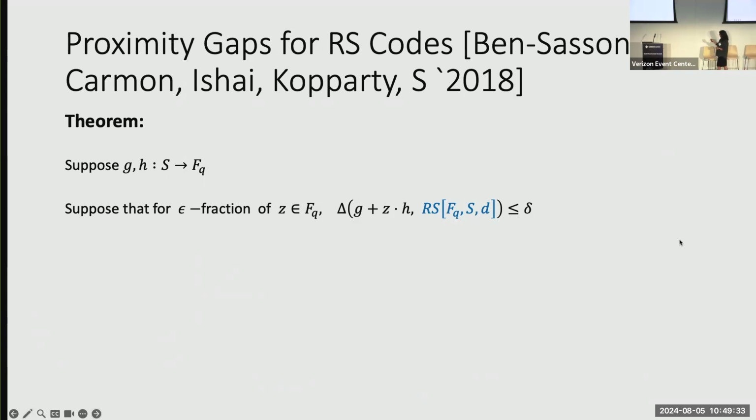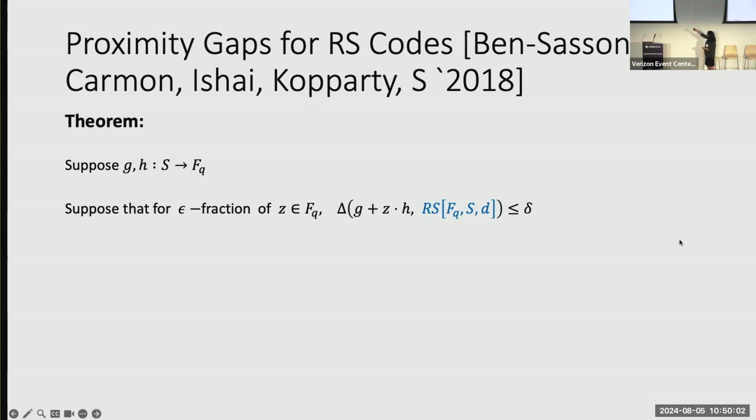Now let's look at the line G plus Z times H. G and H are vectors, Z is a scalar. So as Z varies, G plus ZH is the whole line. Suppose that for many points on the line, so for an epsilon fraction of the Z's in F_q, the points lie within these balls of radius delta.